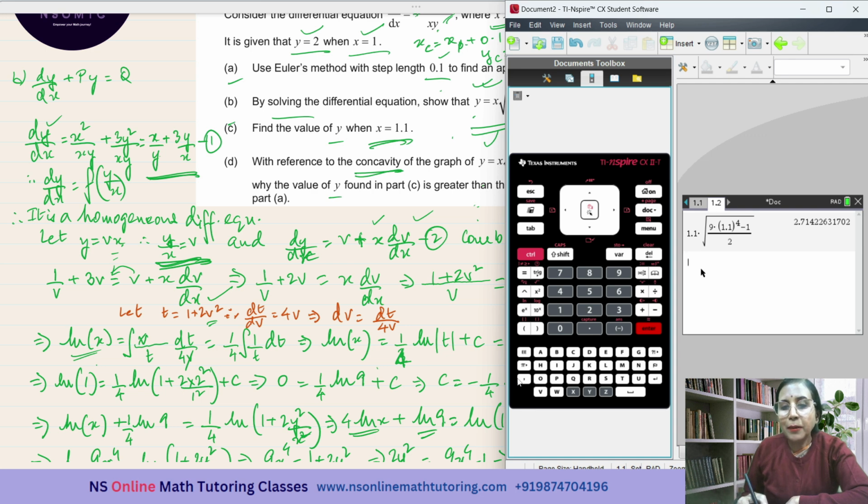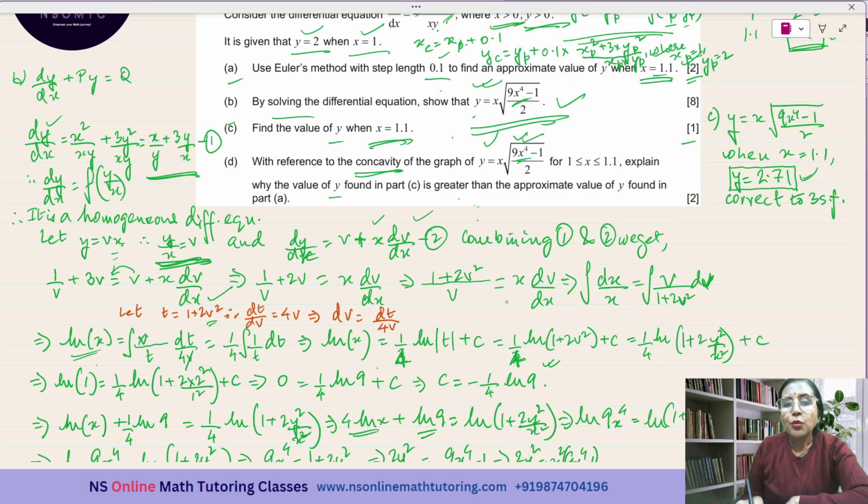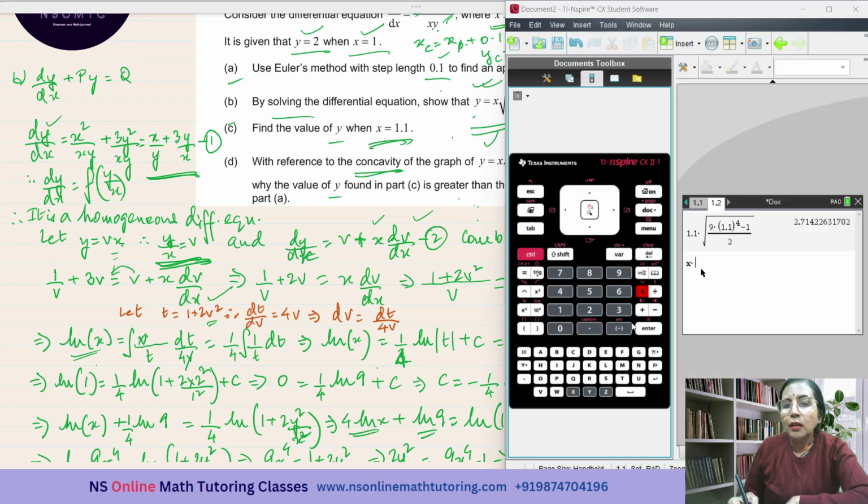So the expression is x times the square root of 9x to the power of 4 minus 1, over 2.